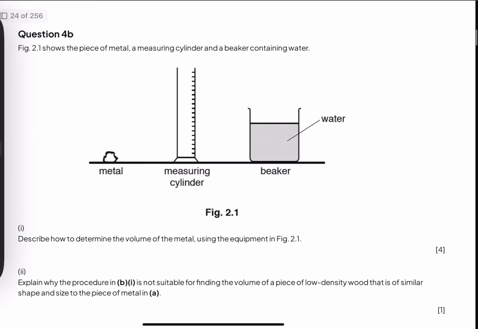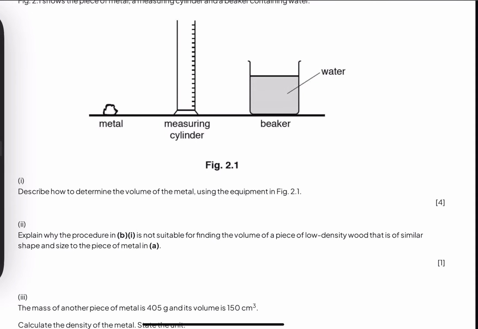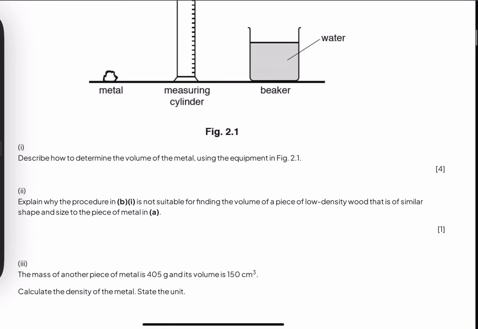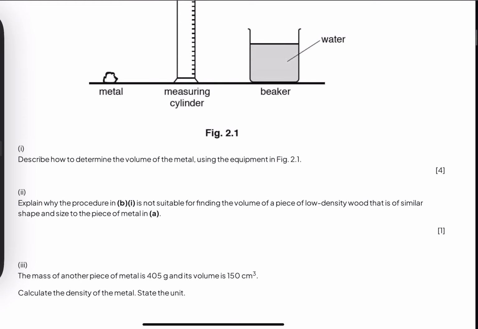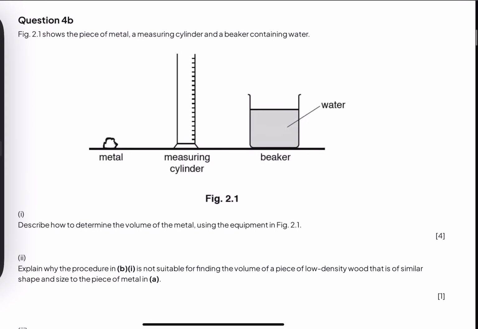In the second part, B part of the fourth question, it shows a piece of metal, a measuring cylinder and a beaker containing water. Describe how to determine the volume of the metal using the equipment. Okay, so for measuring the volume, we have to put this water into a measuring cylinder, and then we can find the volume of that liquid.